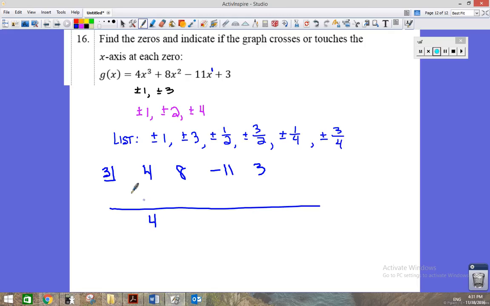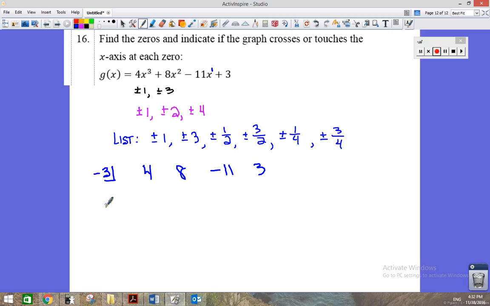Pull the 4 down, multiply, add, multiply, add, multiply. Yeah, 3 gives something more than 150 plus 3. That's not going to be 0, so it's not 3. I'm not even going to bother doing the multiplication there. I can see it's not going to be 0.